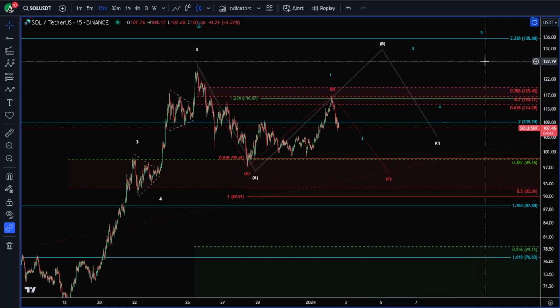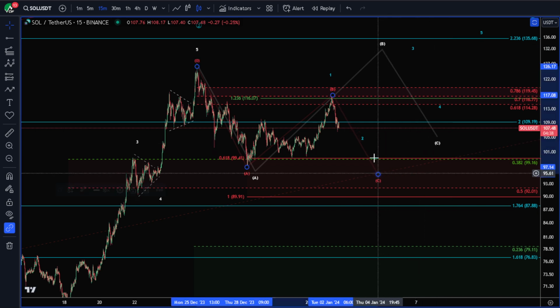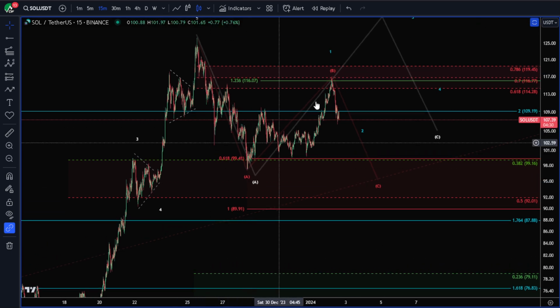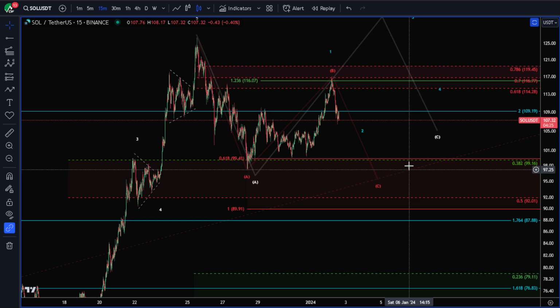And the other path is we just retraced 70%, you can see in red there. So that's the minimum requirement for a flat pattern, which is a 3-3-5 as an ABC or a 3-3-3 as a WXY.